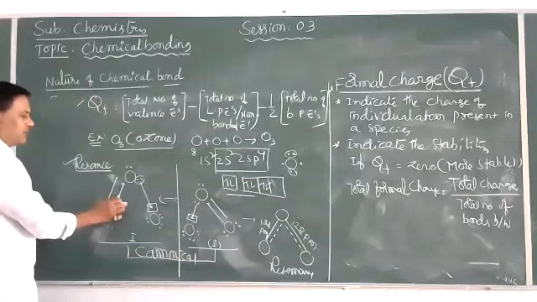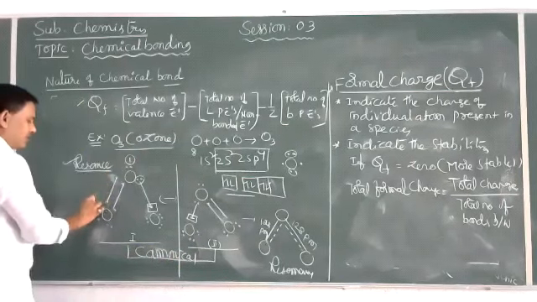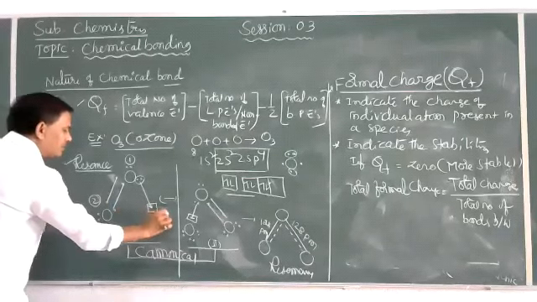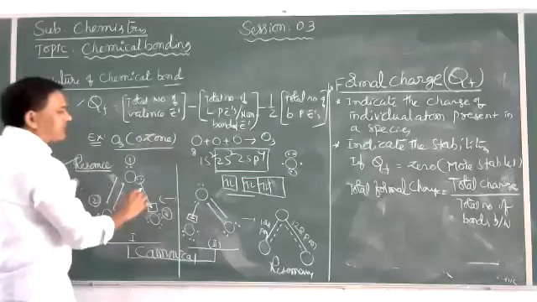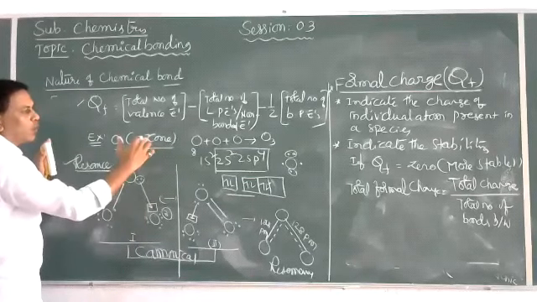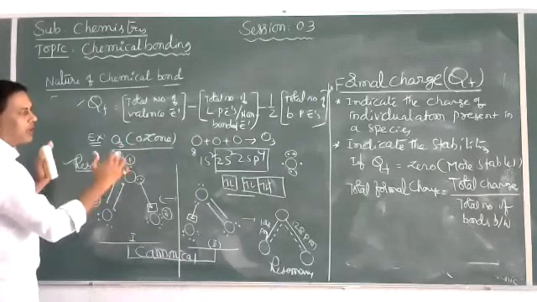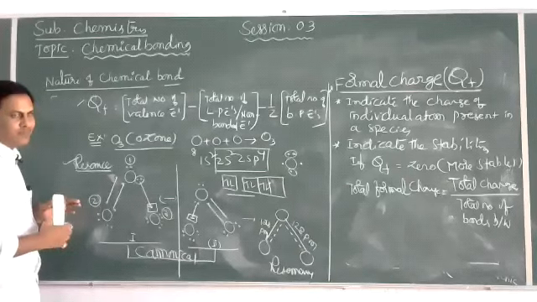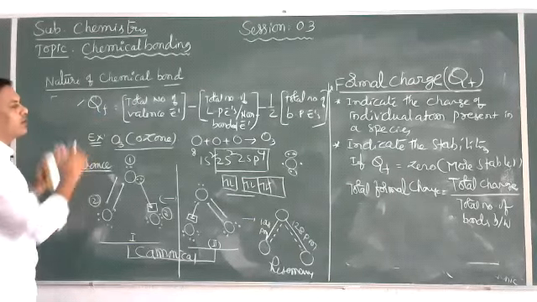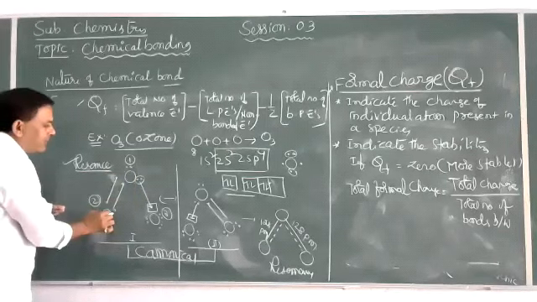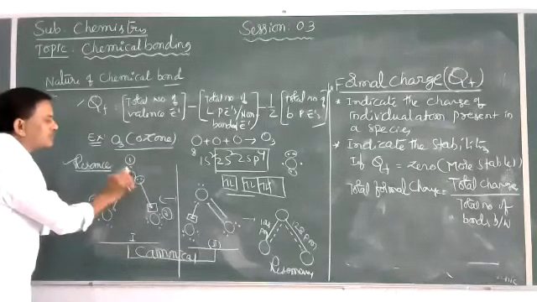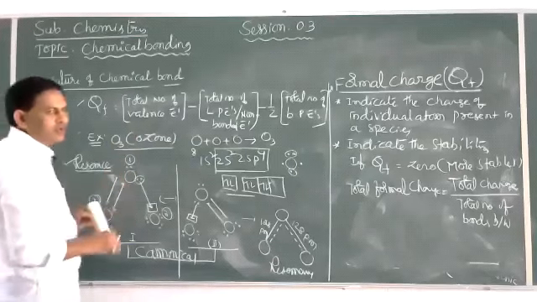I'll take one example. This is oxygen atom 1, this is oxygen atom 2, this is oxygen atom 3. The oxidation state means the total overall charge possessed by the molecule or the species. But here formal charge means an individual atom of an element present in a molecule shows some charge, that is called a formal charge.